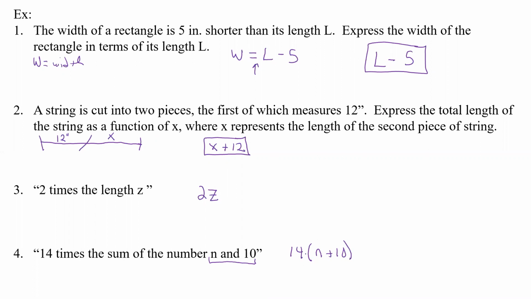So if we want, we could put a dot here, but when we have 14 and parentheses, the n plus 10, we know we're going to take 14 times that sum, okay? And so that's how we would directly translate this into this expression. And again, our expressions won't have equals or anything else. It's just an expression.